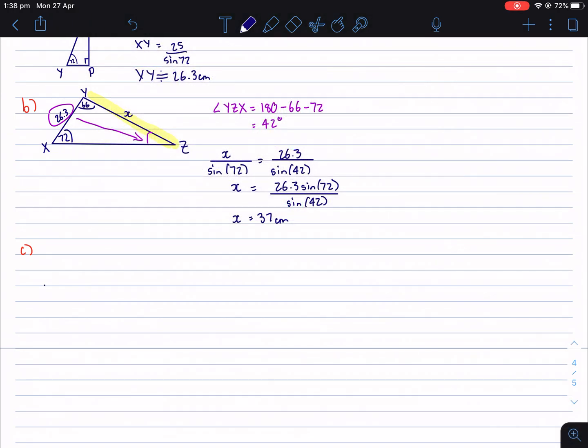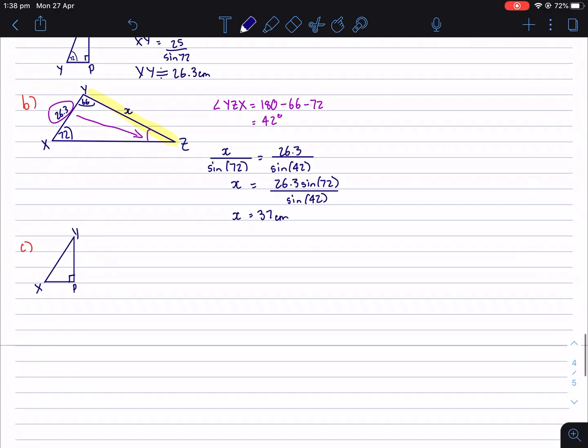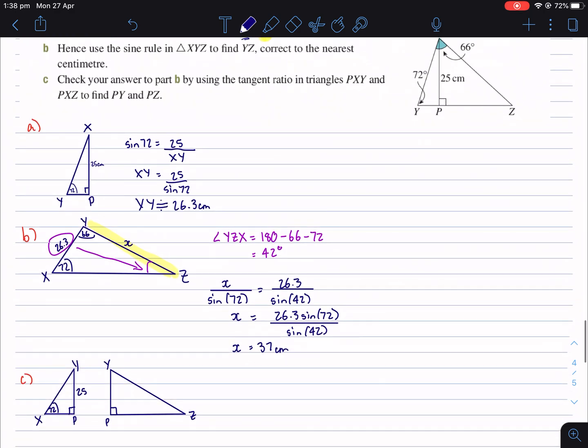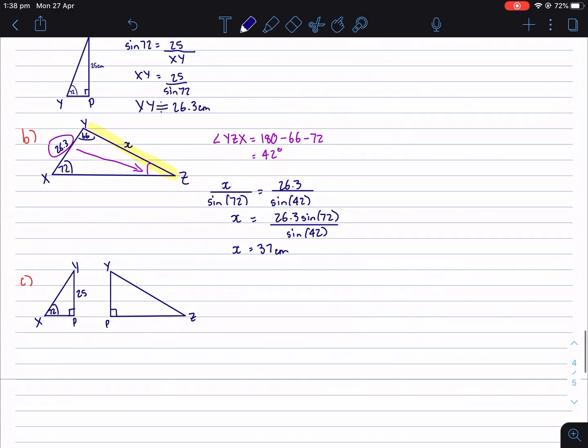So, PXY is this one. We knew that this was 25 and this was 72. And PYZ was this one. And we knew that this was 25.